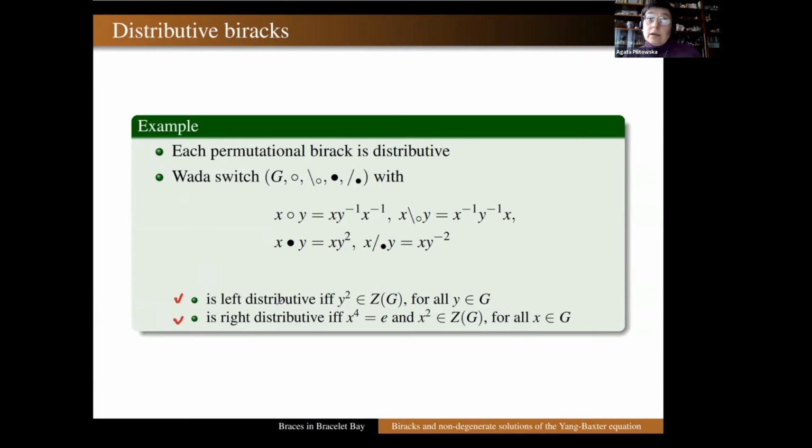So immediately we can see that each right distributive Wada switch is of course left distributive.